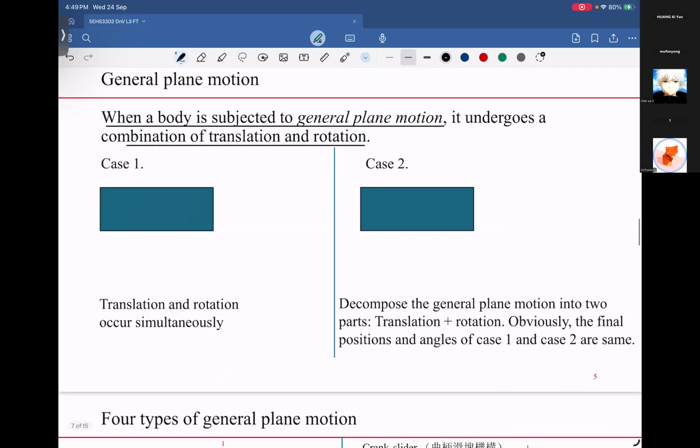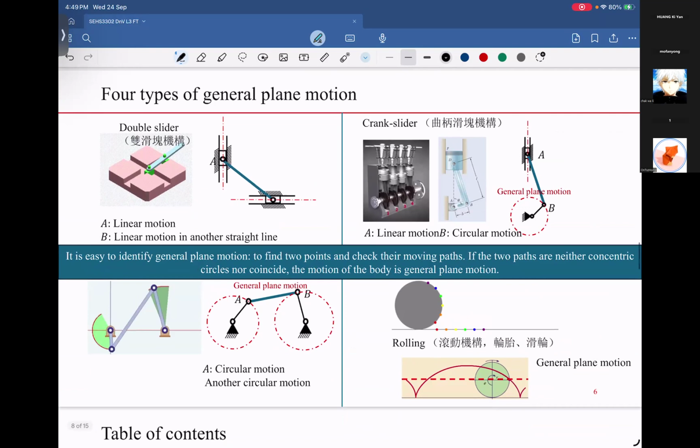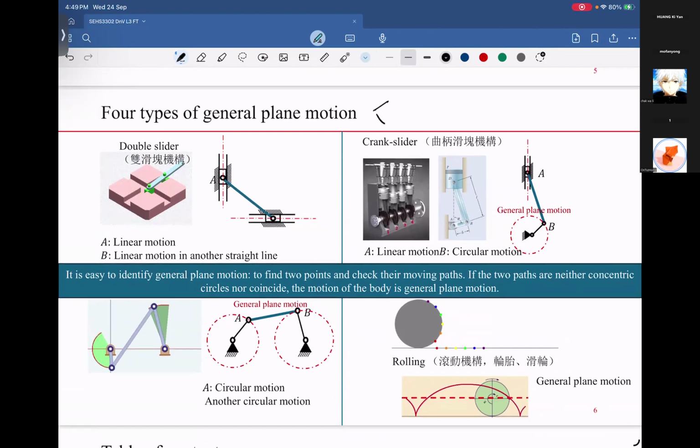We need to find the animations of those motions. We consider four types of general plane motion. It has two important things. It has rotation. In a general plane motion, when you consider the component, there's an angle change.